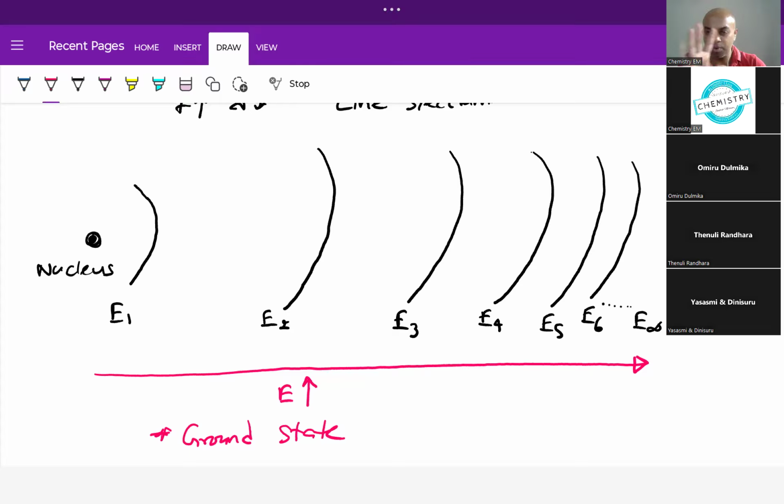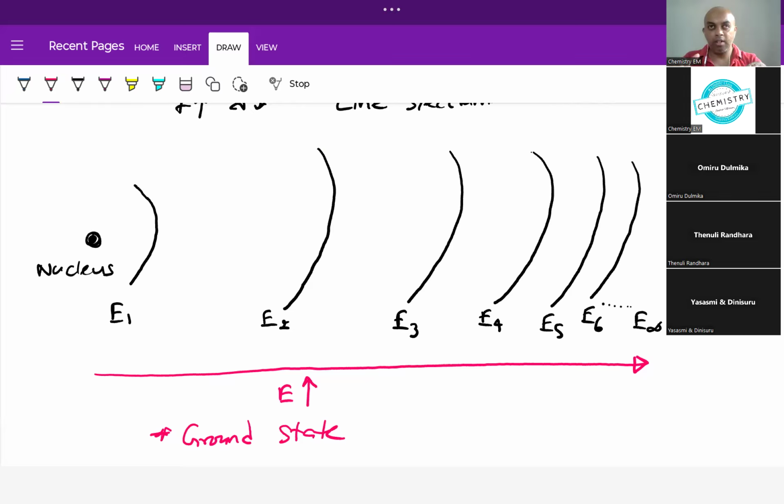So energy will impact the position of the electrons.